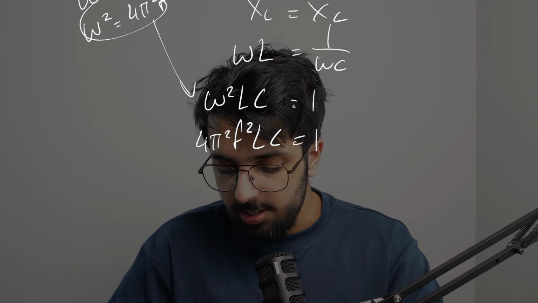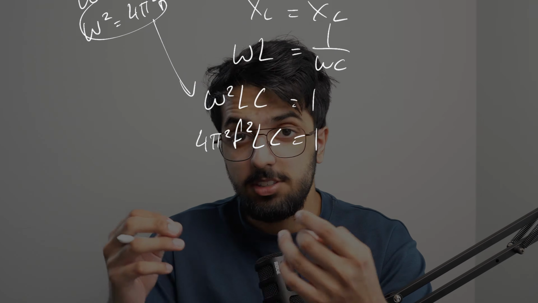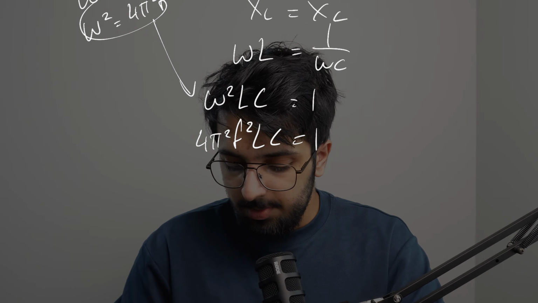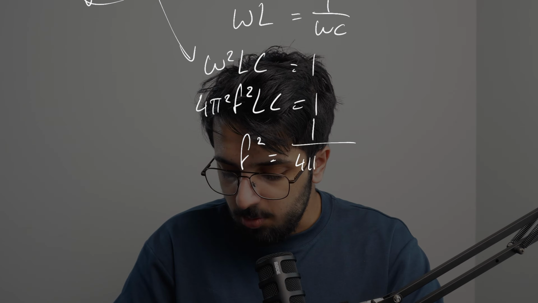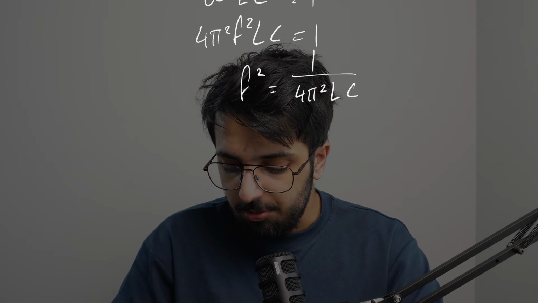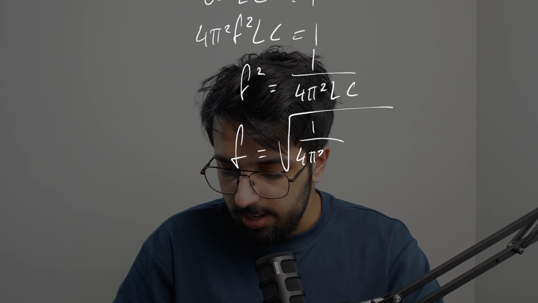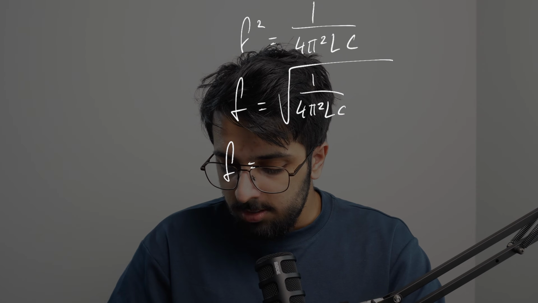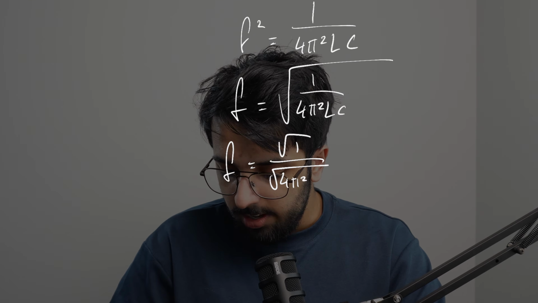And so now we can rearrange for our frequency, and if we solve that equation, that gives us the frequency at which this particular circuit is going to resonate, okay? And so we get frequency squared is equal to 1 over 4 pi squared LC. Therefore, our frequency is equal to the square root of 1 over 4 pi squared LC. We can rewrite this as the square root of 1 over the square root of 4 pi squared LC.